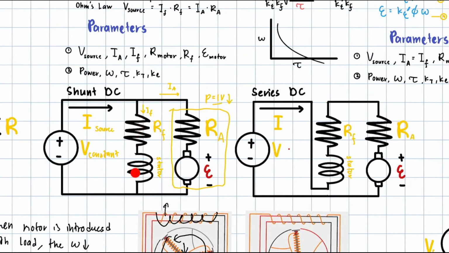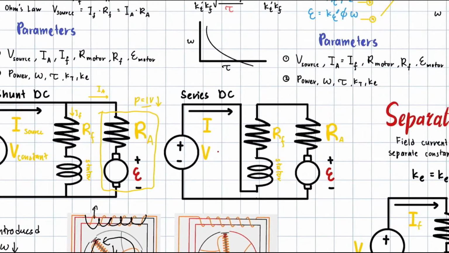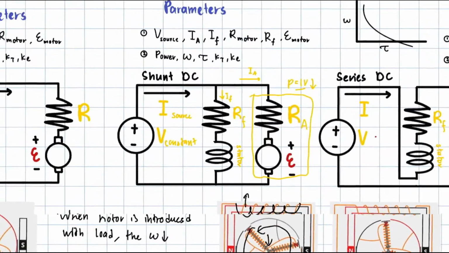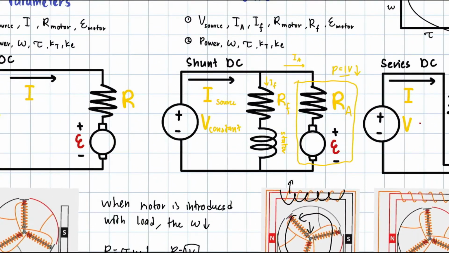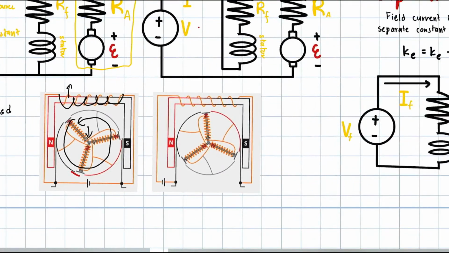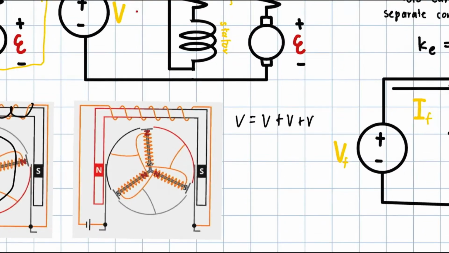Here, the V is constant, so you don't need to worry about this one and this one. So when the V is constant, they share the same I. Okay. So over here, V constant, which means V equals V. Here, V equals V plus V plus V. So there are multiple voltage drops.